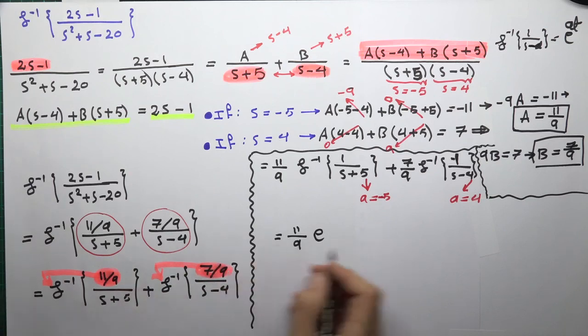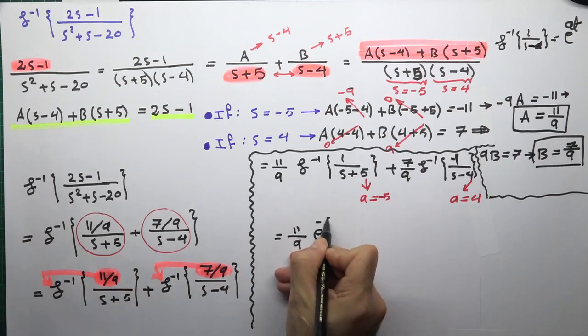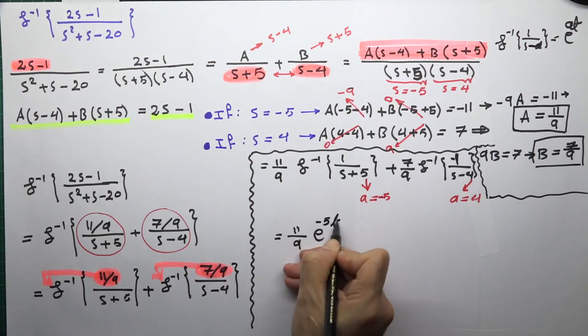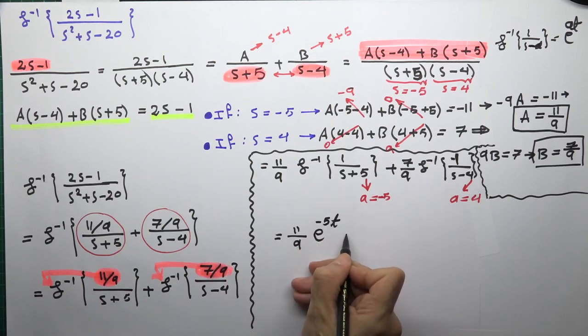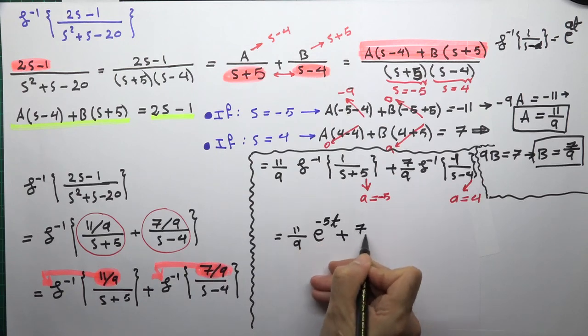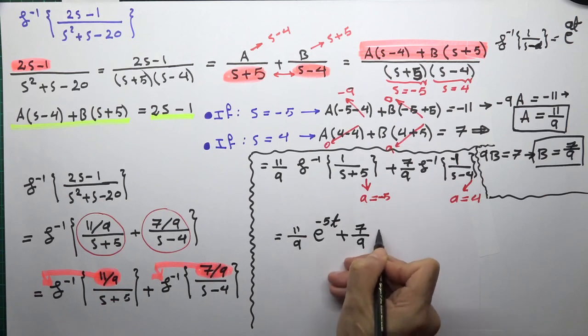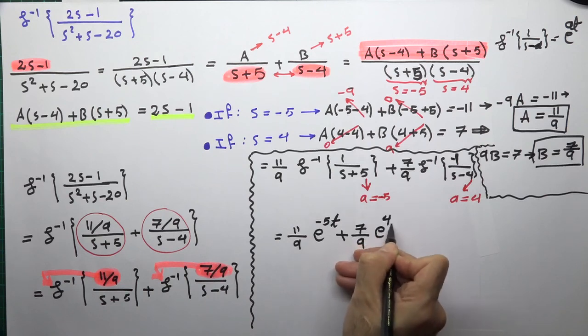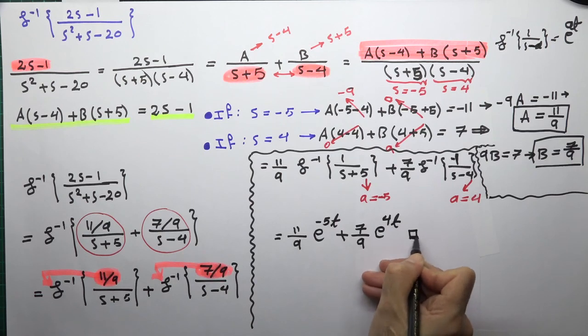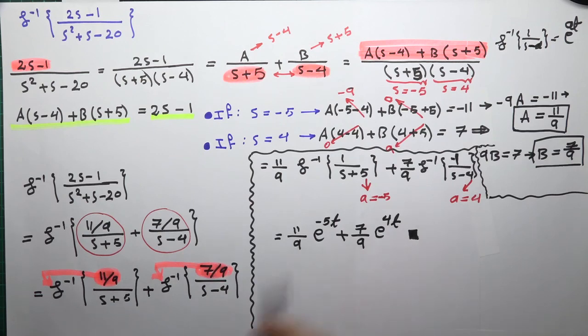So we have e to the minus 5t plus 7 over 9, then e to the 4t. وبذلك تكون يا أحبتي قد انتهت هذه المسألة، وبإمكانك أن تبقى وترى المزيد من inverse Laplace transform. وشكرا.